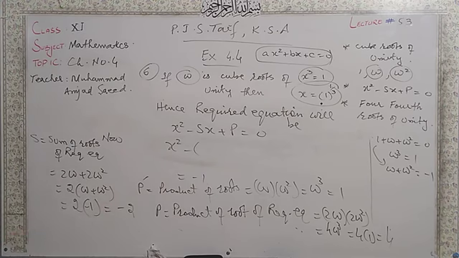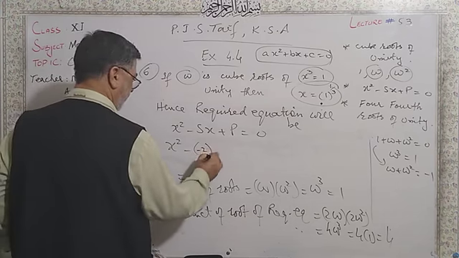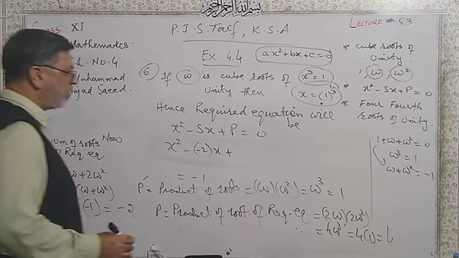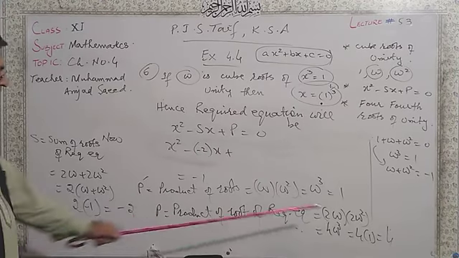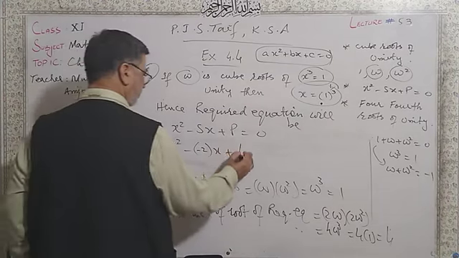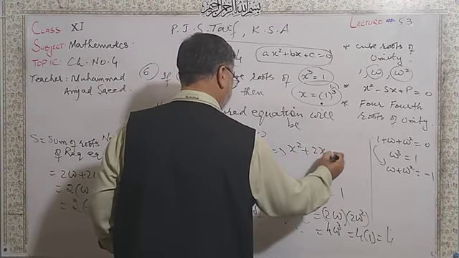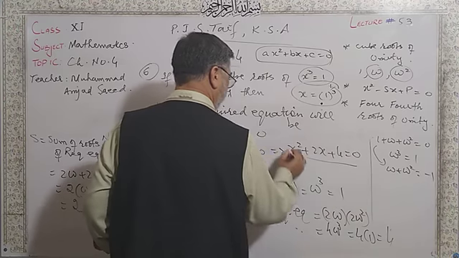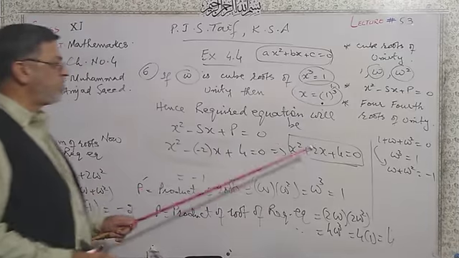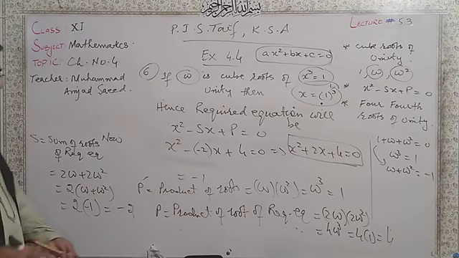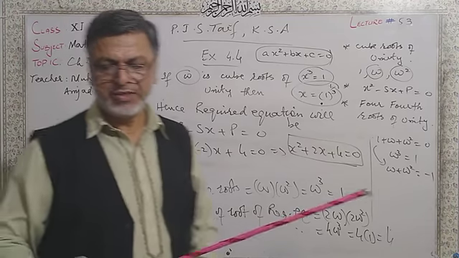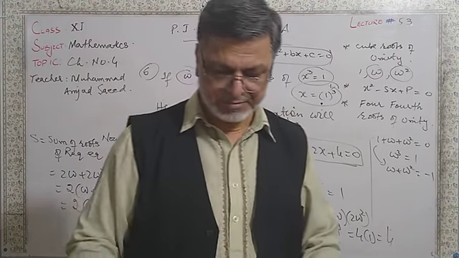S is minus 2, into x. And what about p? P is the product of roots, that is equal to 4, is equal to 0. So x square plus 2x plus 4 is equal to 0. Dear students, this is your required equation. I hope that you understood this question.